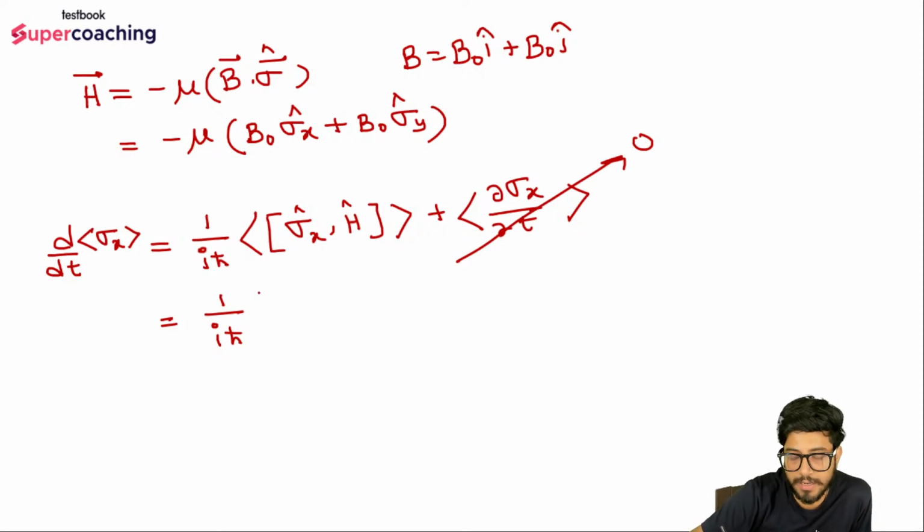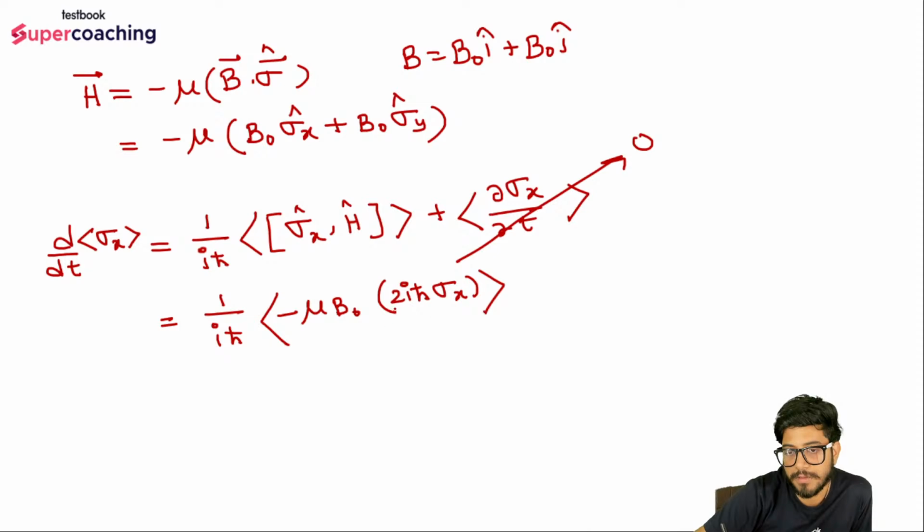So I'm going to write the expectation of minus mu B0 times 2iħ sigma x.